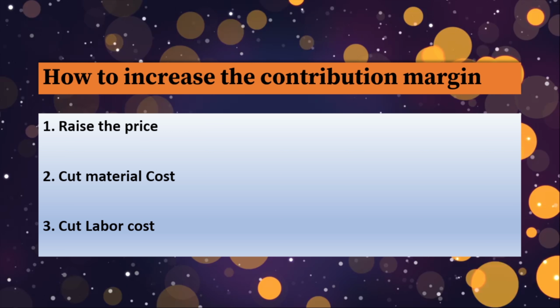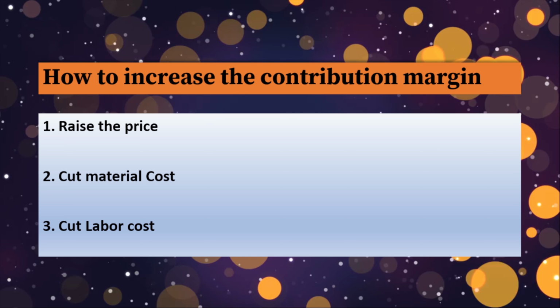To prevent cases of an emergency loan as you raise your price, try to also reduce your forecasted units, because this can help avoid an emergency loan. But if you are using a cost leadership strategy, consider reducing material cost and labor cost while keeping your prices competitive. The second one is cut material cost.